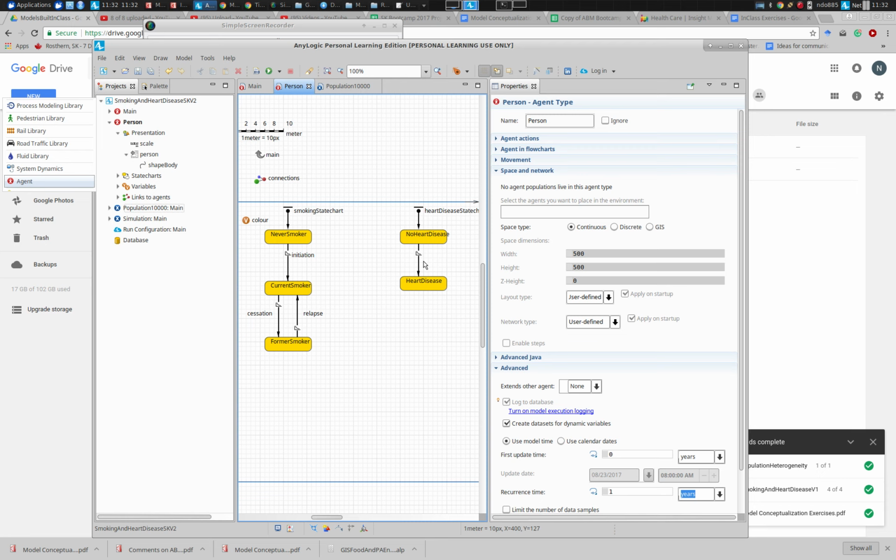So, if we have a parameter in a person, the value to use for that parameter is communicated to that person from the population that they're in, or from the point where they are added to the model as an immigrant or via a birth. Okay?